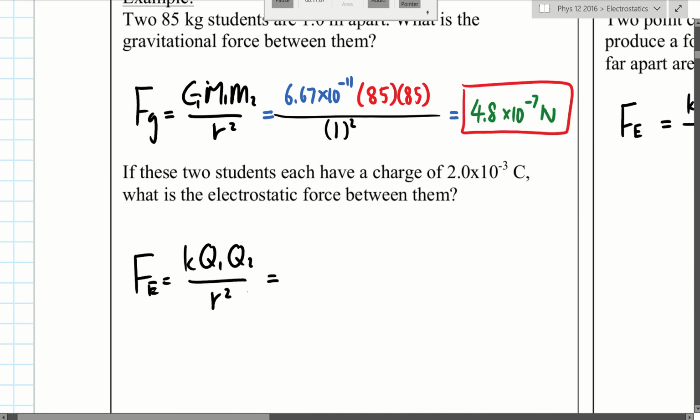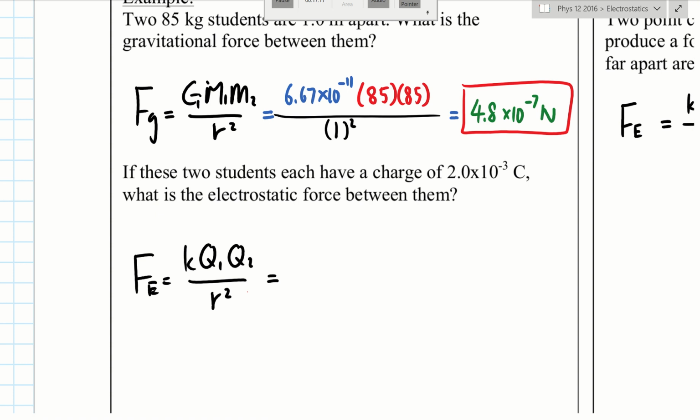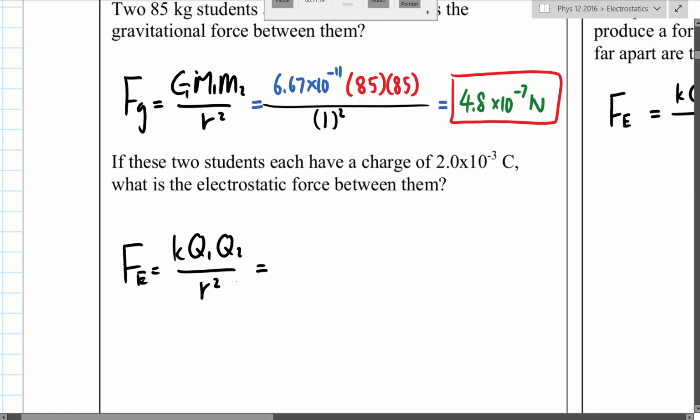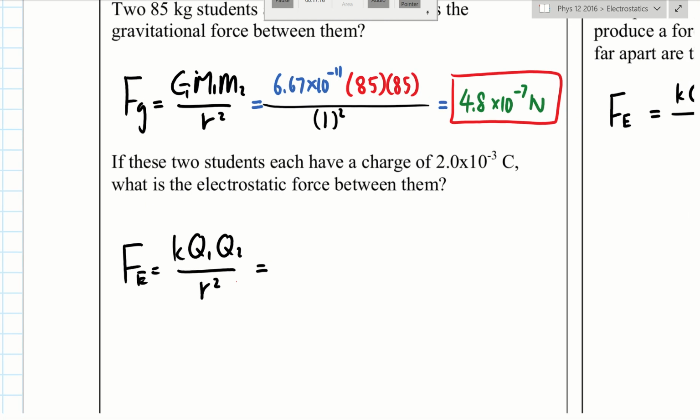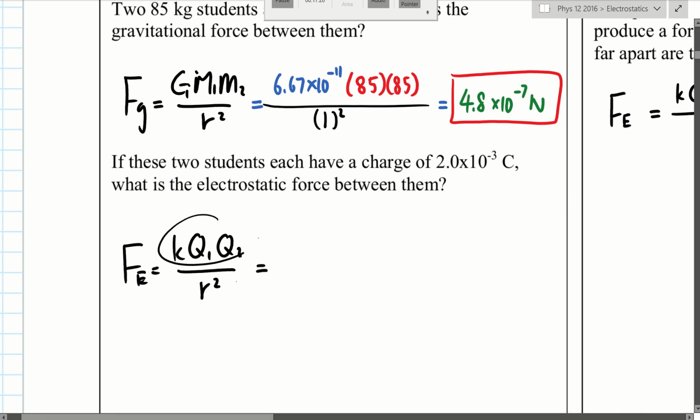Now, let's say these two students each have a charge of about 2 times 10 to the negative 3 coulomb. What is the electrostatic force between them? Okay, so now for electrostatic force, we have k q1 q2 over r squared. k is the Coulomb constant, 9 times 10 to the 9. This, again, is the Coulomb constant. And then we need the charge of the two objects.